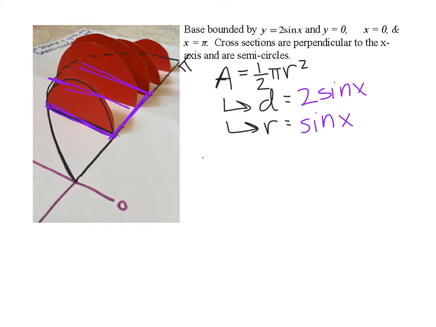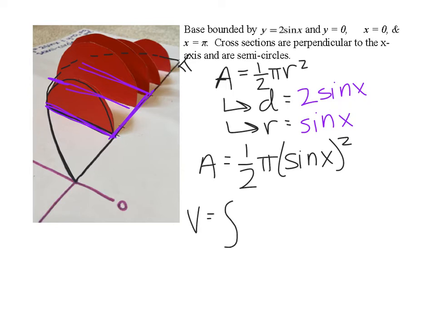So then our area is going to be 1/2 pi times the radius squared, so sine squared x. All right, so that's the area of one semicircle. So the volume of infinitely many of those added together is going to be the integral from 0 to pi, because we're adding the semicircles just between there, of 1/2 pi sine squared x dx.